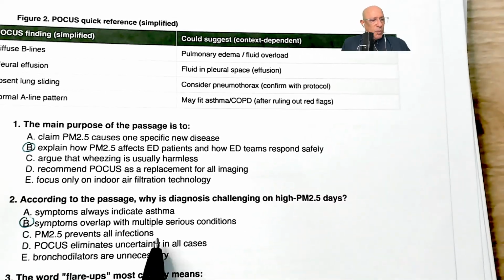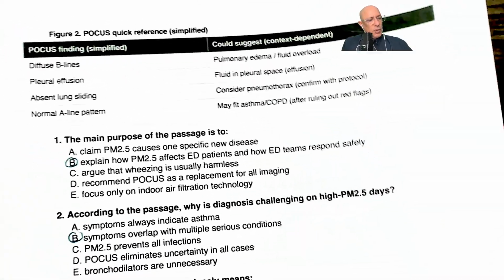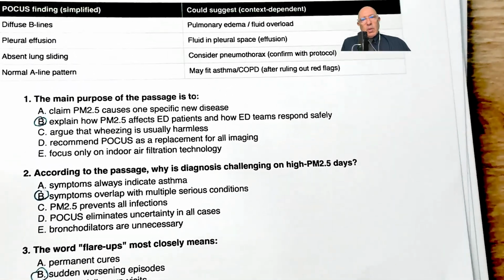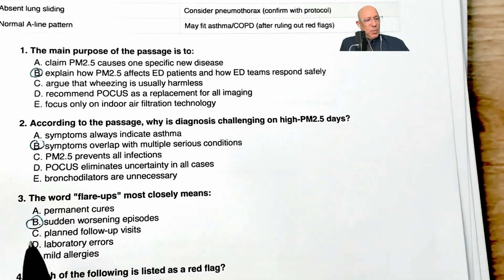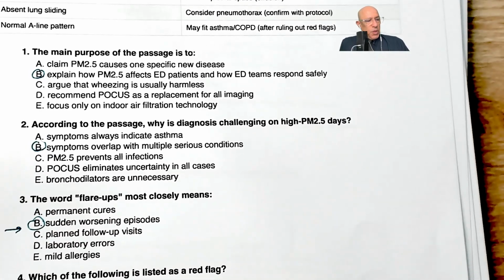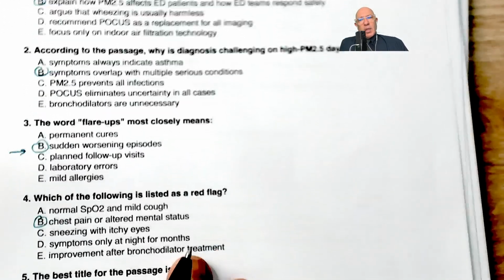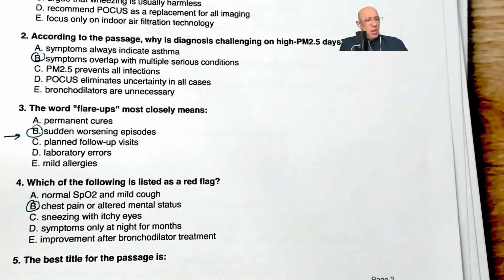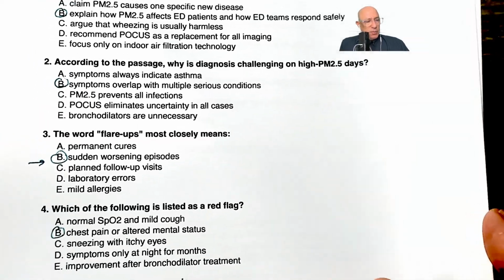Symptoms overlap with multiple serious conditions. 3, flare-ups, best defined as sudden worsening episodes. Which of the following is listed as a red flag? B, chest pain or altered mental status.